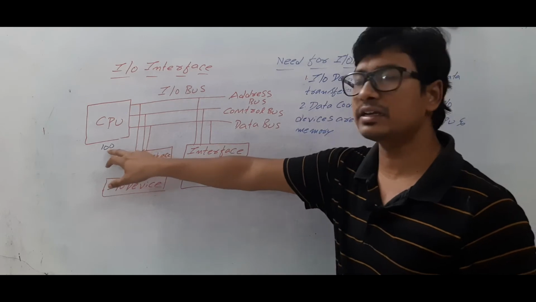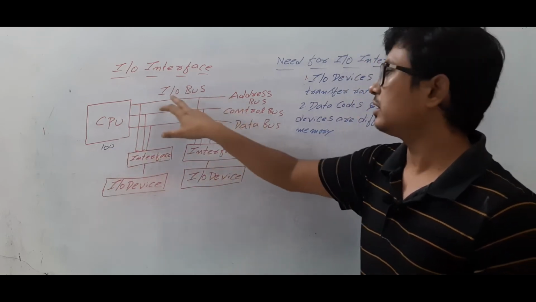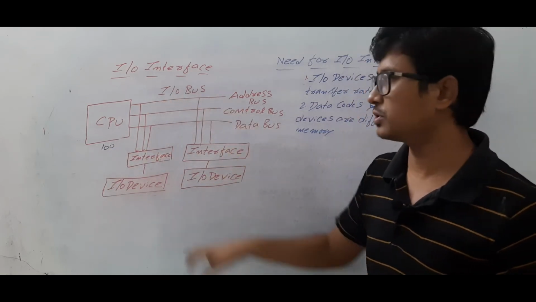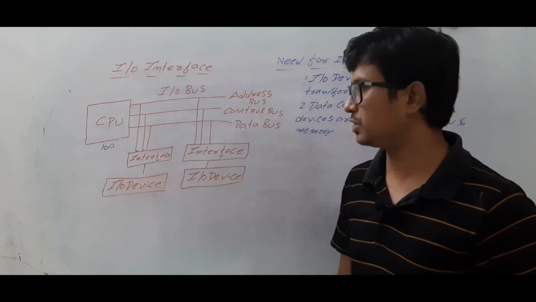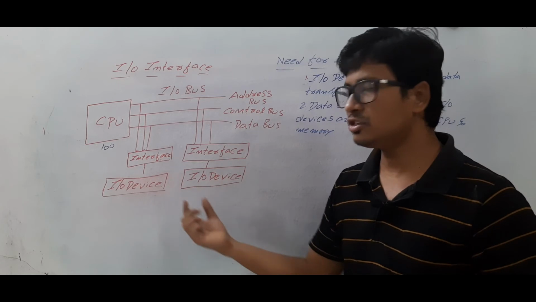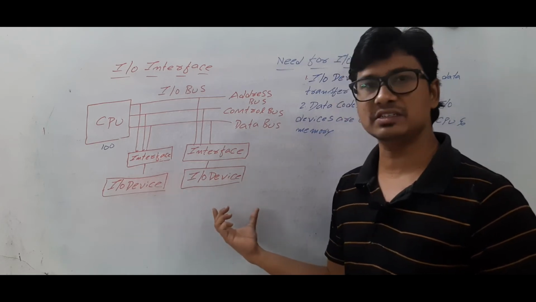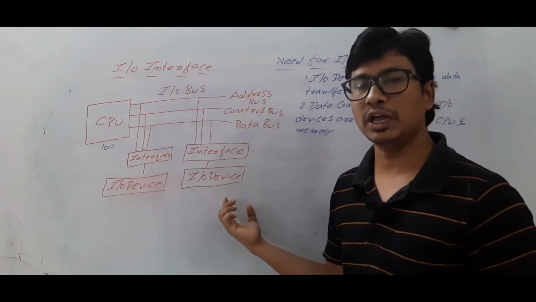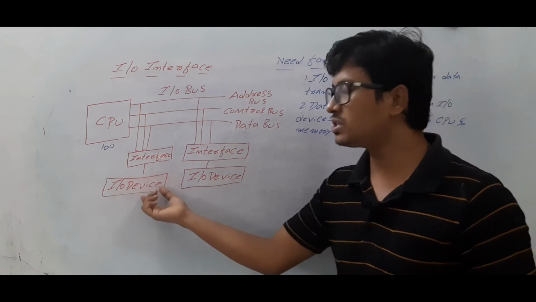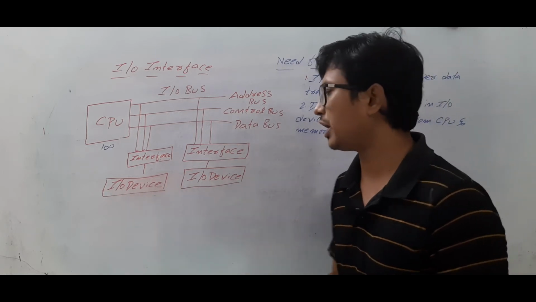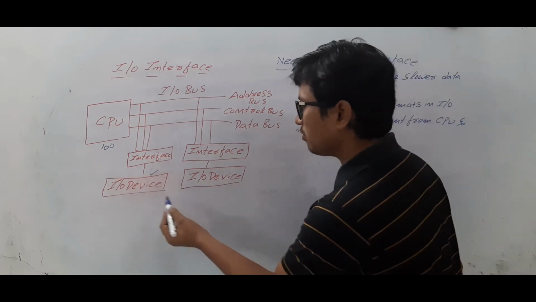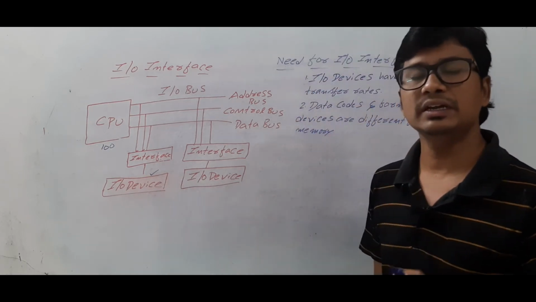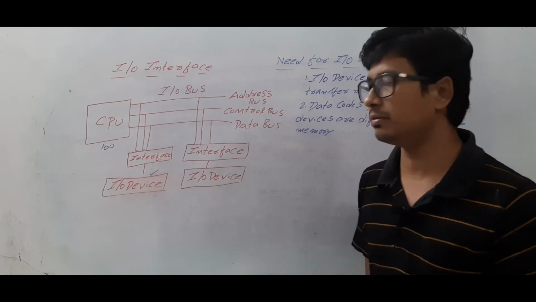So this address will be transferred using the address bus. The CPU keeps the address 100 on the address bus, and now we check which device this address belongs to: I/O device 1, I/O device 2, or I/O device 3. Suppose this address belongs to I/O device 1. Then this device will be activated and all other devices will be deactivated.